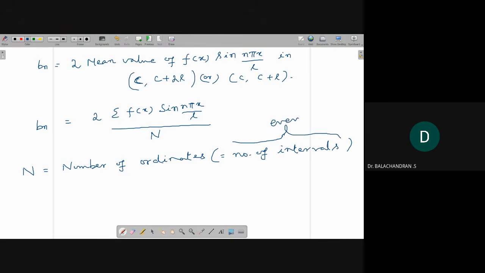More important, for Fourier series the length of the interval is 2l, and for the cosine series and sine series, half range cosine and half range sine series, the length of the interval is l.